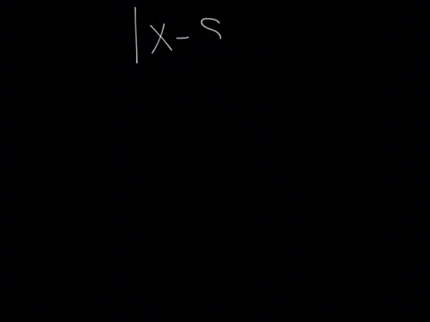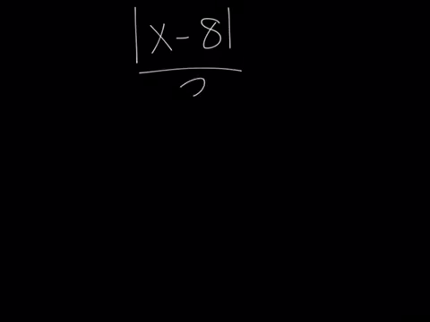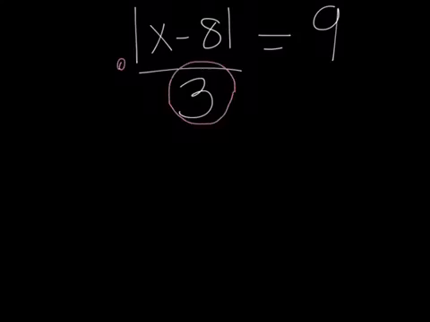Let's do another example. So let's try absolute value of x minus 8 divided by 3 equals 9. Okay, so right now we don't have a plus or minus outside, so we don't have to subtract or add anything, but we have this dividing by 3. Well, what's the inverse operation of dividing by 3? Multiplying. So I'm going to multiply 3 on both sides.